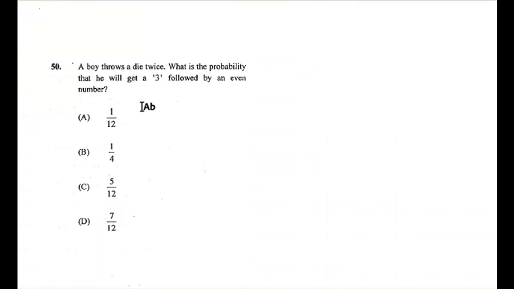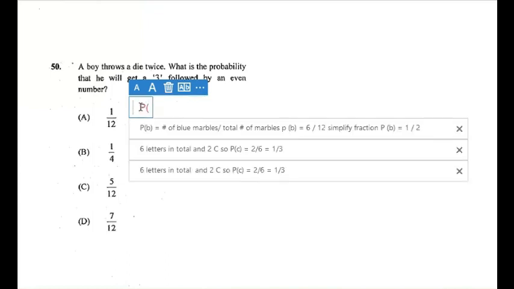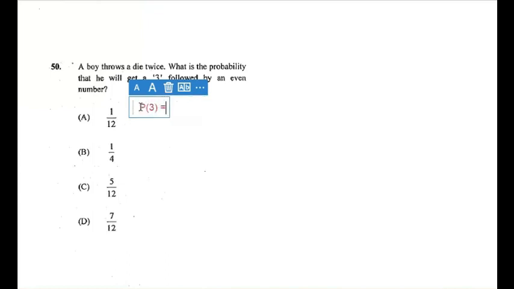So question 50: a boy throws a die twice. What is the probability that he'll get a 3 followed by an even number? We're looking at one die. What is the probability that if you throw the die the first time, you'll get 3? The probability of getting a 3 on the first throw: there's only one 3 on a die, so it is 1 divided by the total amount of numbers on the die, which is 6.